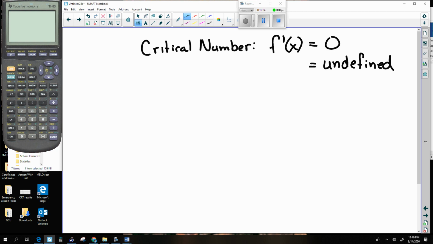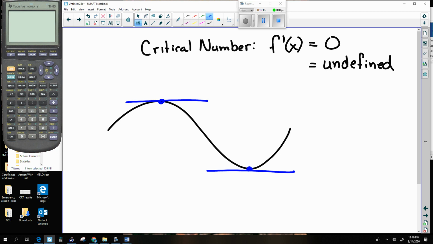And what critical numbers often define for you is potential maximums and minimums. So where derivatives are equal to 0, or if it's undefined, something like this. It's not saying that it's absolutely for sure a min or a max, but it's an important number that you should at least consider.